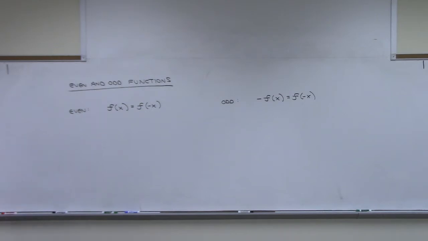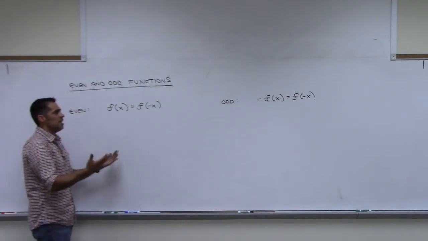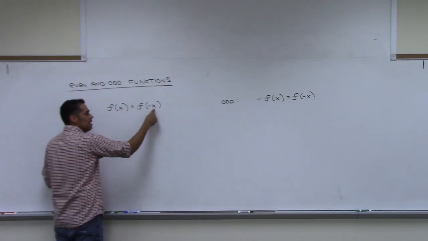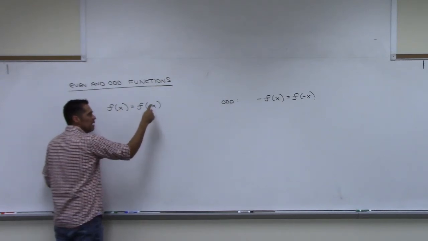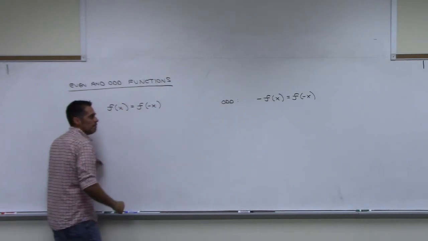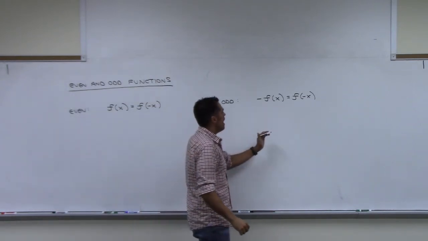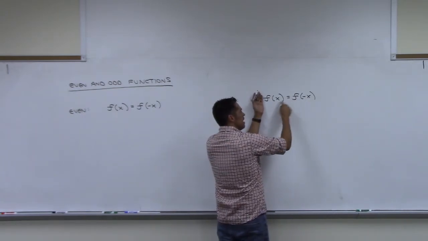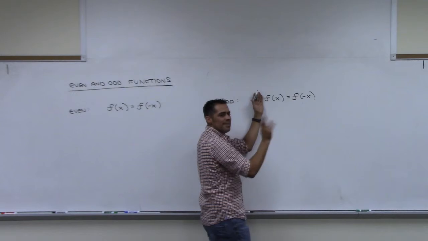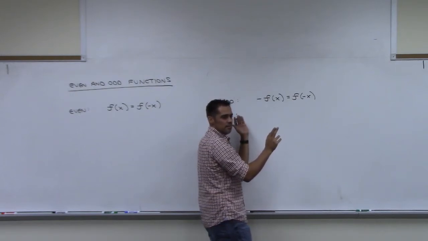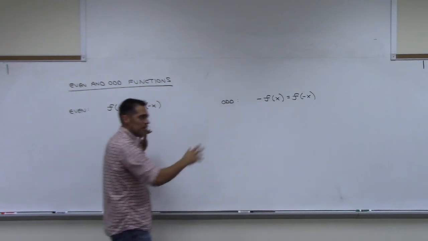In layman's terms, it means this. A function is even if plugging in a positive number is the same as plugging in a negative number. It doesn't matter if you plug in -2 or +2, it gives you the same answer. This says that plugging in the negative and the positive of the same number don't give you exactly the same thing. They're just off by a sign. That's the difference between even and odd.